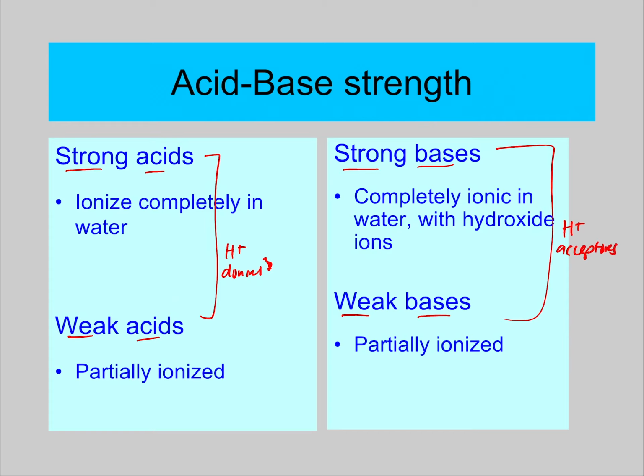Strong acids are going to make 100% ions in solution, and so are strong bases. If it's weak, it's going to be partially ionized, so less than 100%. You don't need to know the strong acids and the strong bases, but you just need to know how we define them, which is based on how much they ionize in solution.